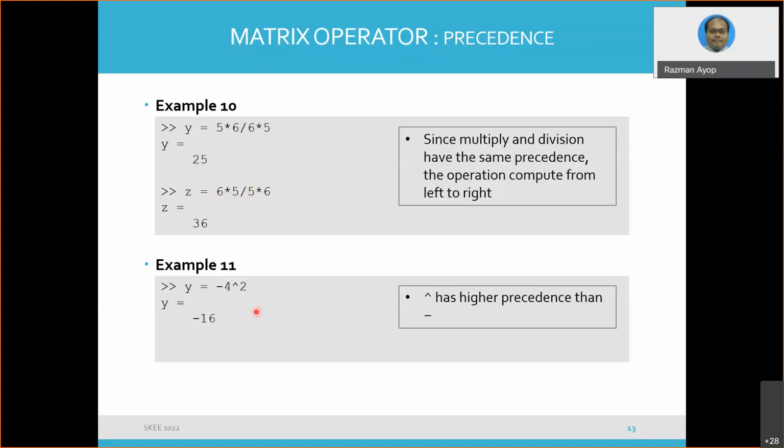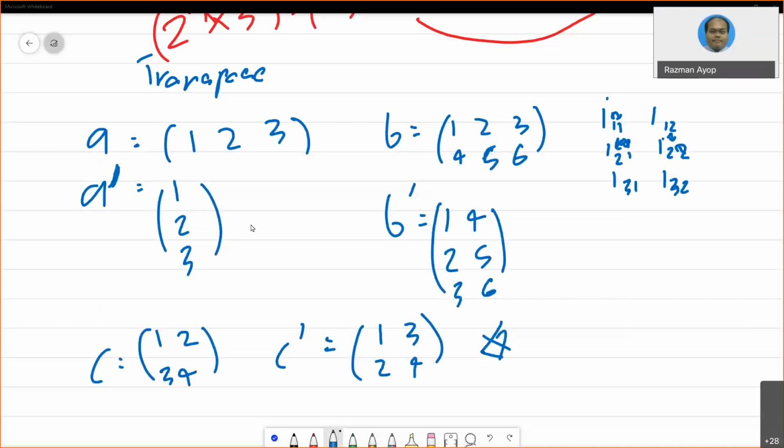How about power? So power, remember BODMAS, power is at the second level. So you have to solve the power first, and then this one is minus, you have to solve at level 4. So I show you back the note.